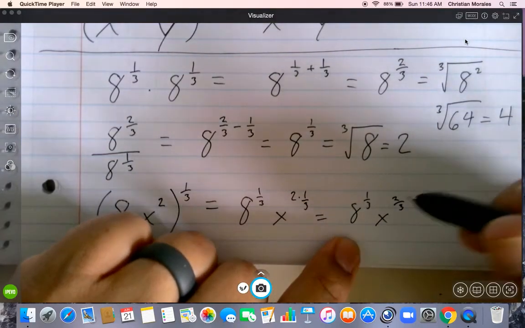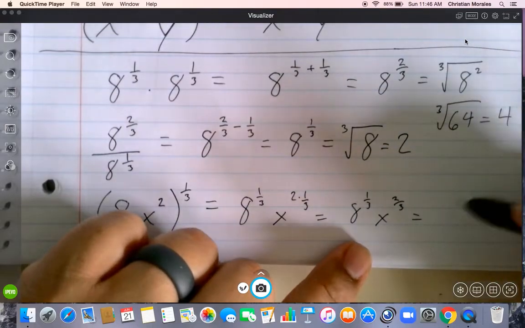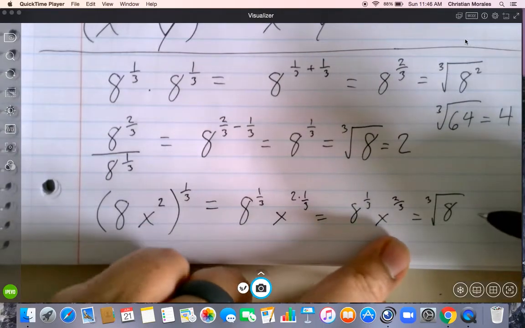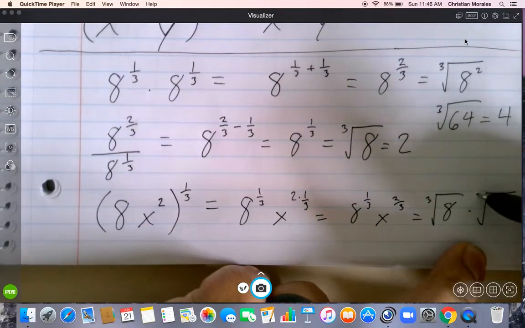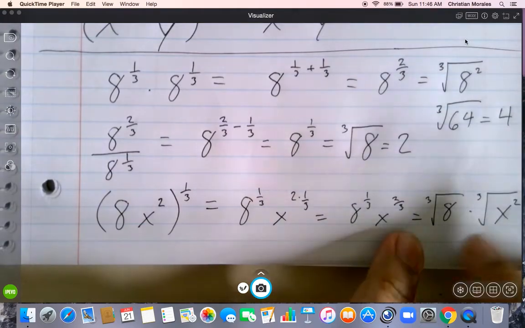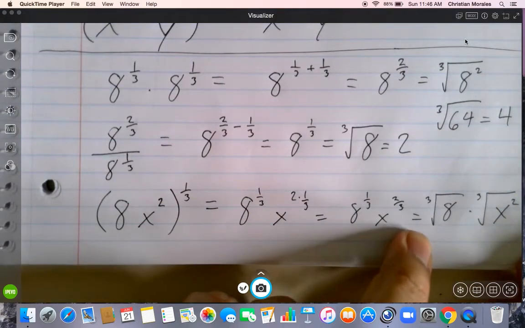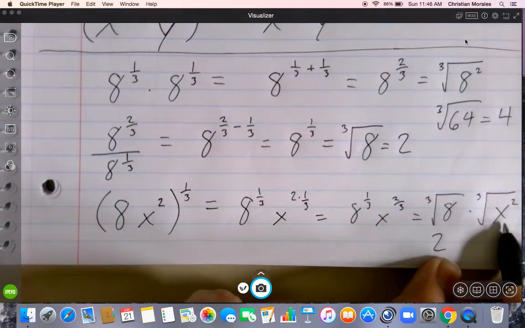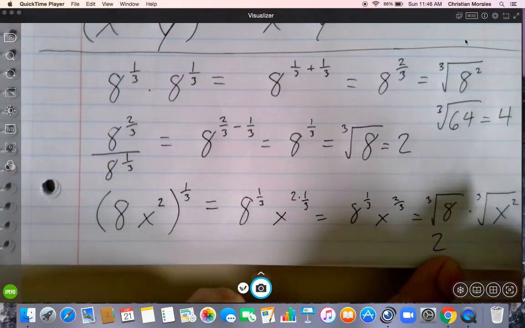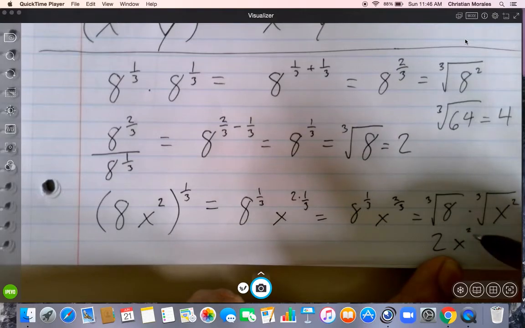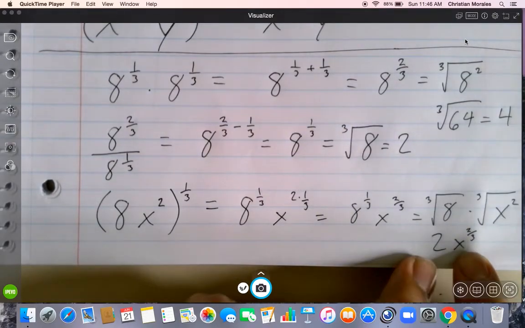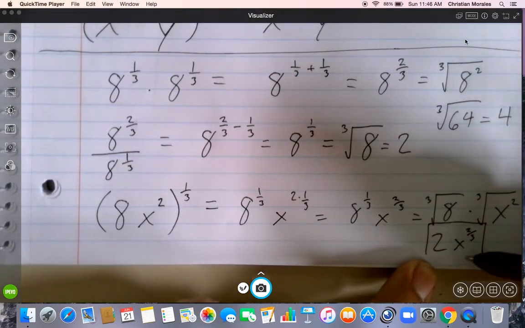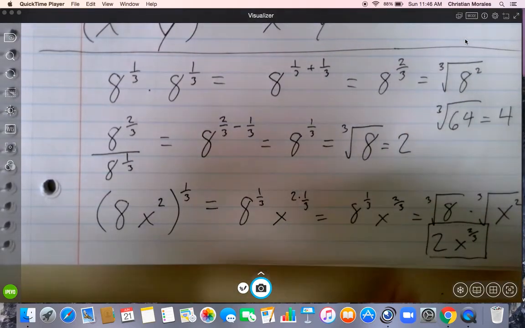So you can take the cube root of 8, and you could take the cube root of x squared. This would be 2, and you can't actually do anything with x, so you can either leave it like this or you can just leave it as a fraction. You can leave it written like this. That's actually probably the better answer. You can't do anything with that, so you just leave it like that. Okay?